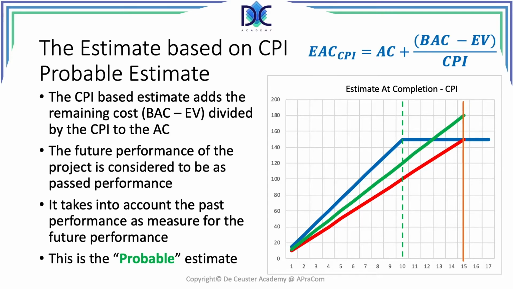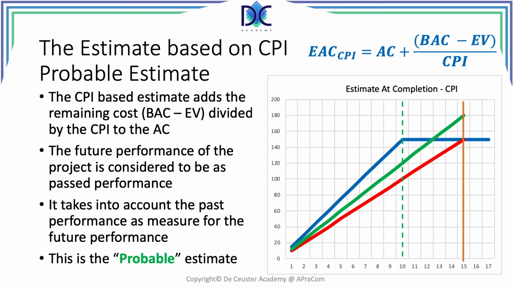Now we can draw the actual cost for period 10, which is estimated at 120, and we assume that the future performance will be equal to the past performance, so we can extrapolate that point until we reach the end date of the project, period 15. And in this case, we will find that the project will be finished at period 15 and will cost 180k.